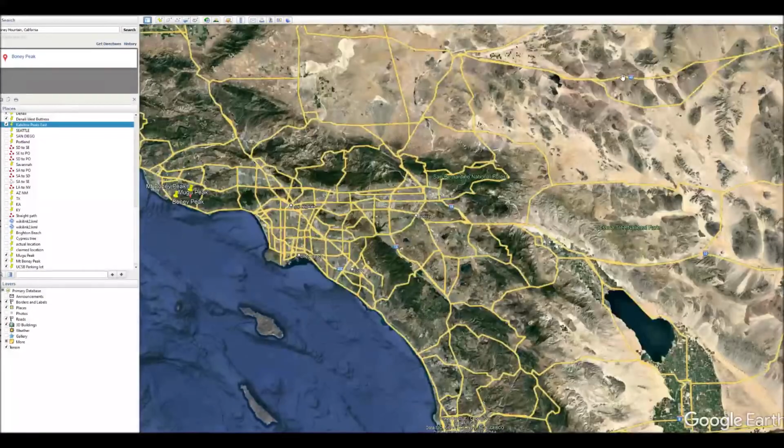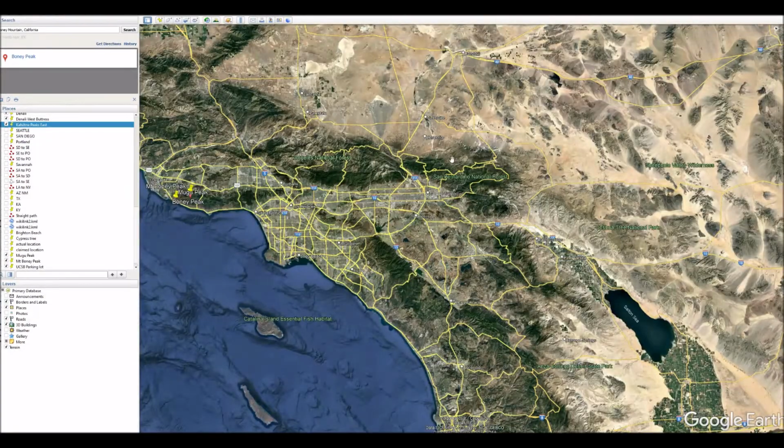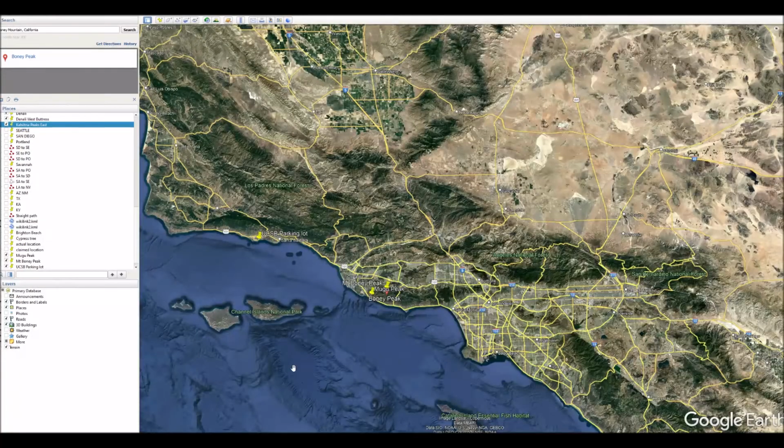The hot air of the desert reaches these mountains and is lifted up. The cool air from the ocean is trapped in these valleys with the hot air going over it. So you have hot air over cool air. And this creates what's called an inversion layer.